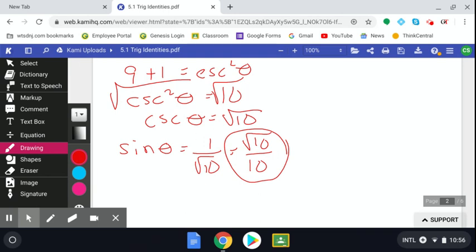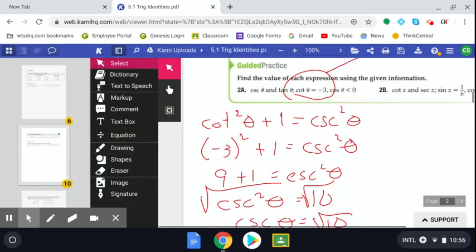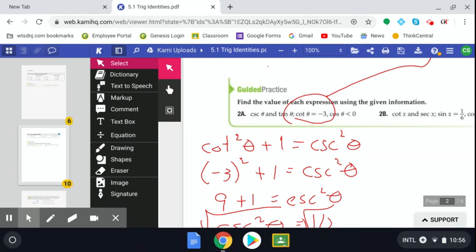and so I have sine theta, and what else did they give me? I have cotangent theta. They want me, oh, okay.